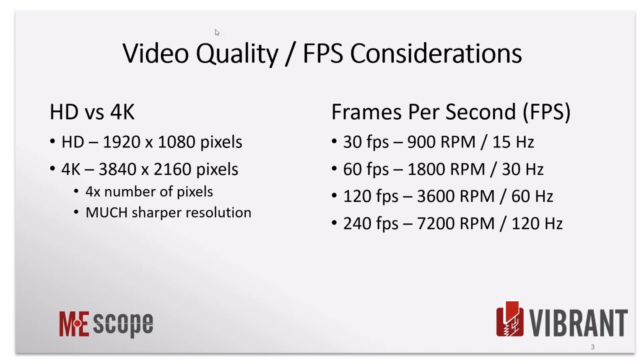So if you had a 1,000 RPM machine and you had 60 frames per second in 4K, you're going to get that 1,000. Then you're also going to get another 2 peaks out of it, because that 1,800 RPM is where you would normally only see the running speed, and the other peaks would alias themselves back. Now you're going to get 3,600 RPM, so you're going to get the first, second, and third orders on a clear line. But again, that's in a different webinar, and if you have questions about that, you can send us a message.